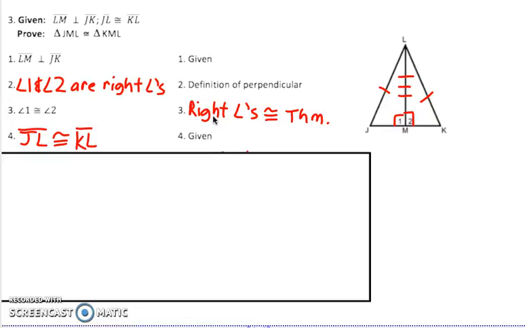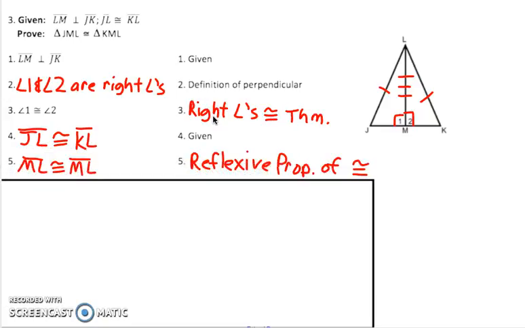That was given to us. We mark our diagram, and then we look at our diagram. We see that these 2 triangles have a common side. The reflexive property. So for number 5, we know that segment ML is congruent to segment ML. Again, that's from the reflexive property of congruency.